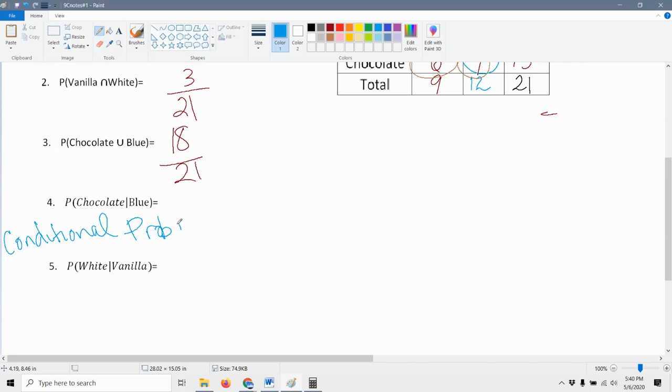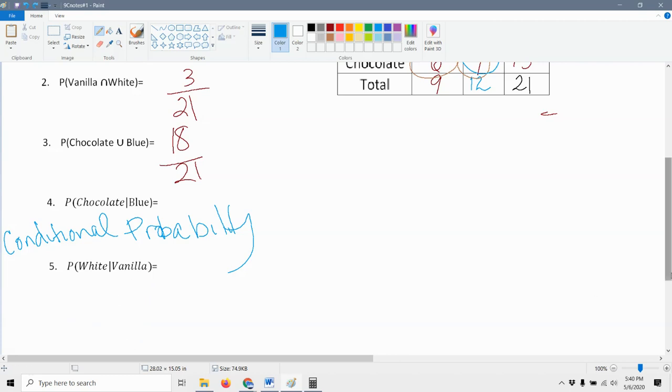Okay, well, in the question, we see this blue line. And remember, if that was a word problem, we would see the word given. Okay? The first term is what we want to find the probability for. Okay? Like we did in our other examples. But when we have this given and another category, what we have to do is find the probability of white, but now we're only looking at the vanilla category.